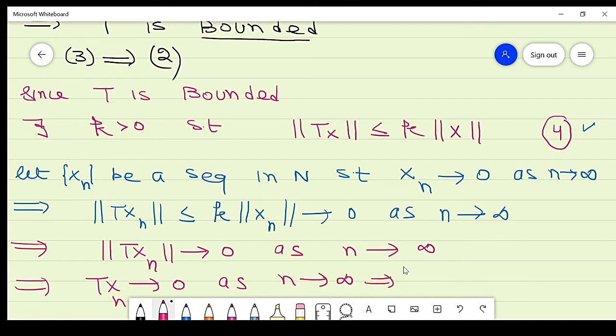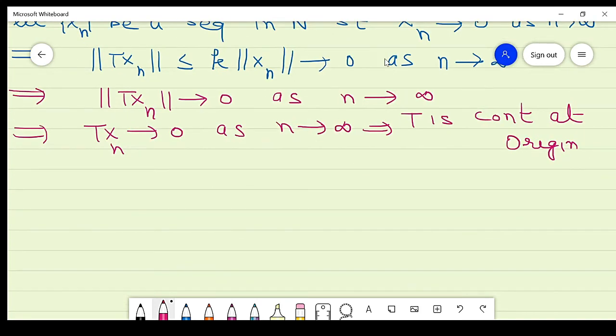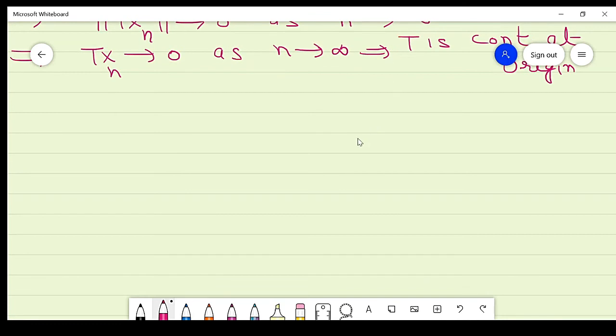It implies T is continuous at origin. So third implies second. So second implies third and third implies second. So we reach this step: first if and only if second, if and only if third.